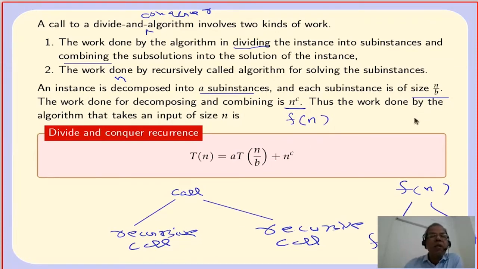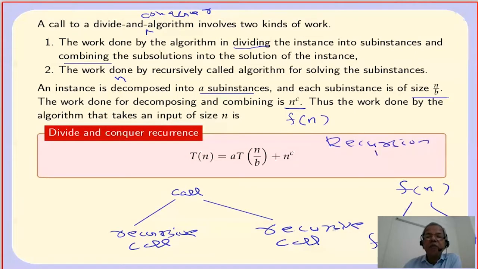Thus, the work done by the algorithm that takes an input of size n, T of n, is equal to: every recursive call does T of n by b amount of work, and there are a recursive calls or sub-instances, therefore this is a times the running time of n by b, plus the amount of work done by the call itself, that is n to the power c. We have already seen this divide and conquer recurrence and how you can solve it using a recursion tree.